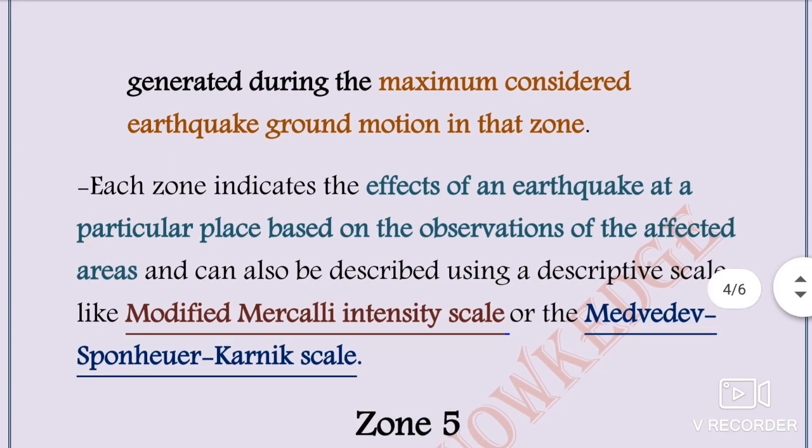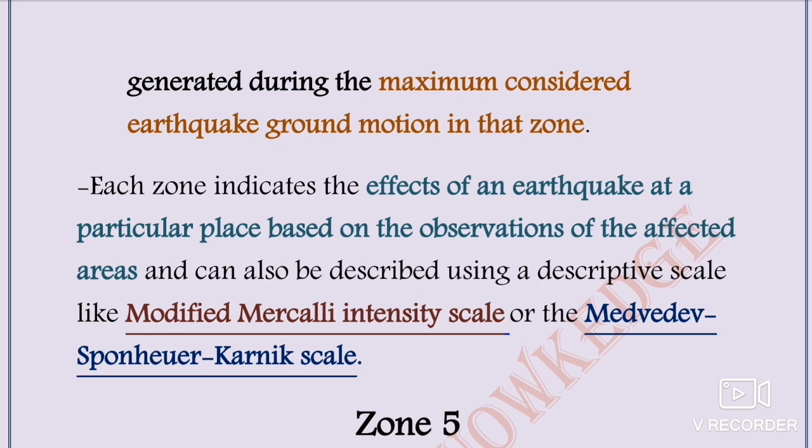And each zone indicates the effects of an earthquake at a particular place, which is based on the observation of the affected areas, meaning how these zones have been demarcated. Each and every zone indicates the effects of an earthquake at a particular place based on the observation of the affected areas, meaning the areas where earthquakes have taken place in the past.